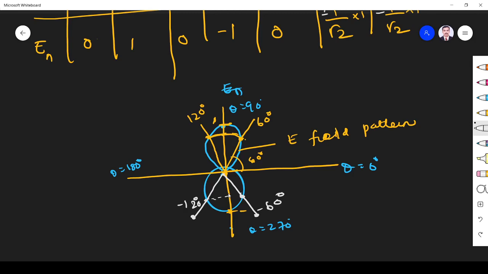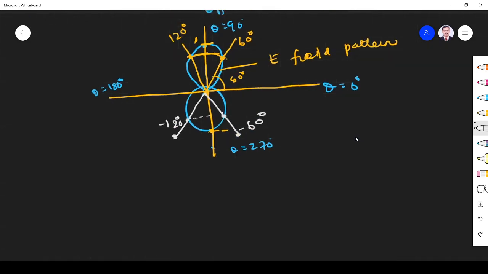Right. So this is like a typical broadside array antenna pattern, because we know in a broadside array the array pattern is perpendicular to the direction of the radiators. So here it is like a broadside array pattern.